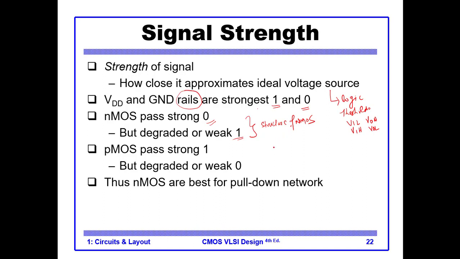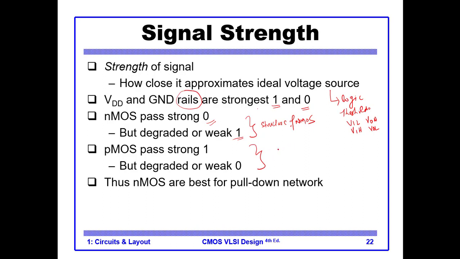But you have to remember this for the time being: NMOS can pass a strong 0 but a weak 1. PMOS is opposite. It can pass a strong 1 but a weak 0.